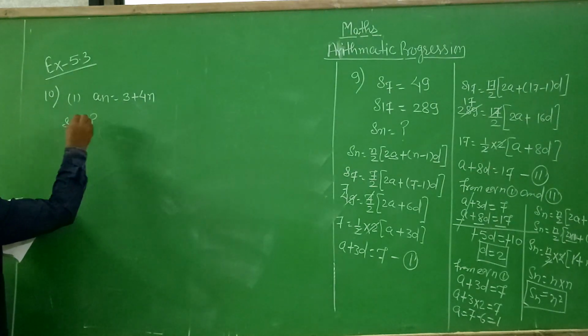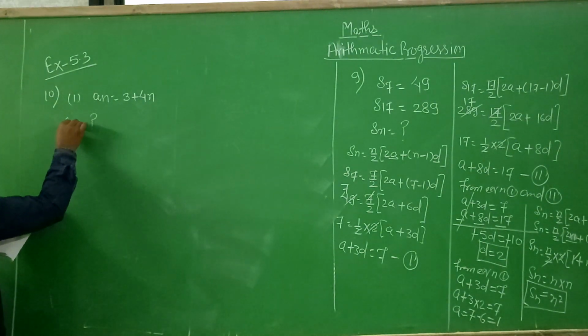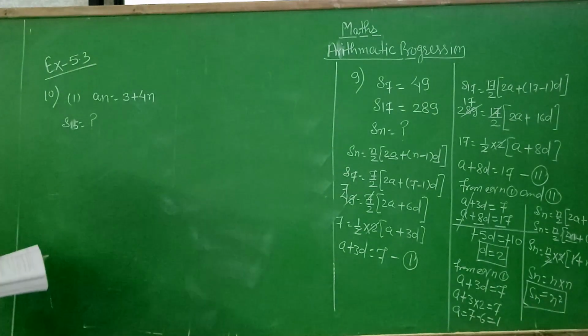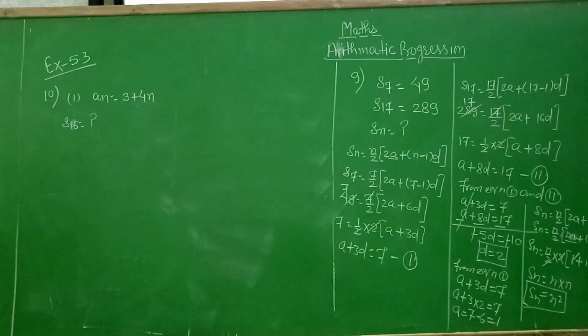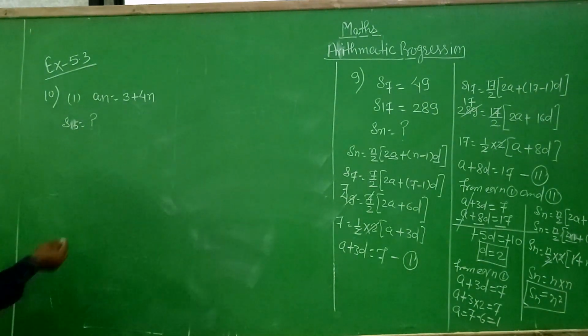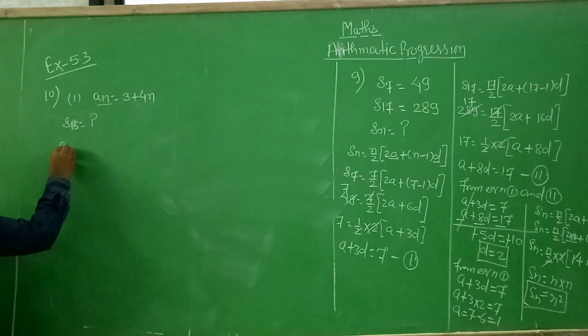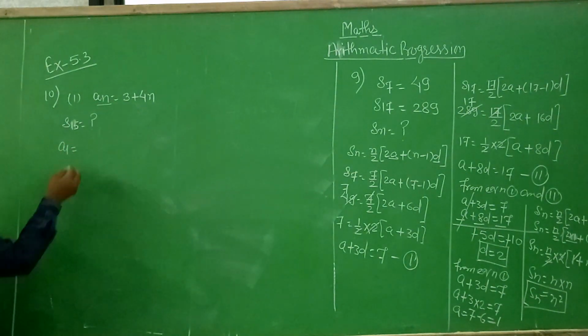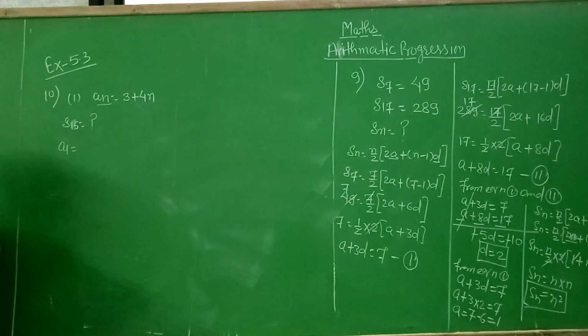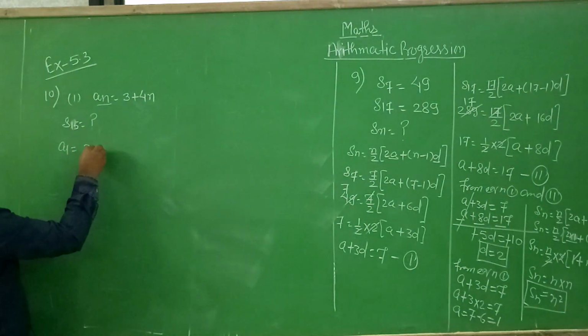Sn is equal to what? S15. 15 terms means S15. Here you see that an is given, so first we find the first term, a1. a1 is equal to, I put n is equal to 1, so this is equal to 3 + 4 into 1.